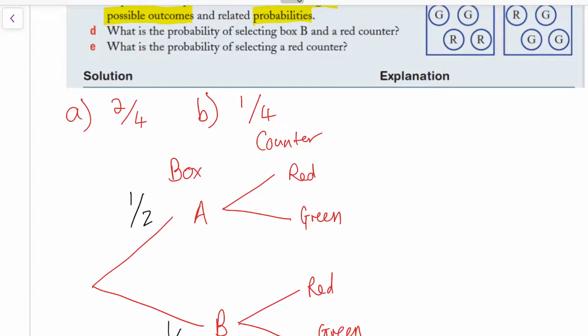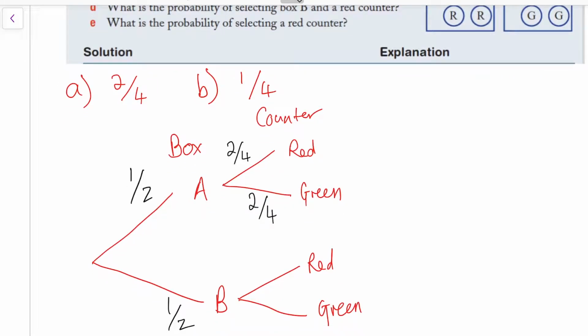Well, I've got 2 red over 4, and then I've got green. I've got 2 green out of a total of 4. All right. What about for box B? All right, so I've got 1 red counter out of a possible 4, and then I've got 3 green counters out of a possible of 4.